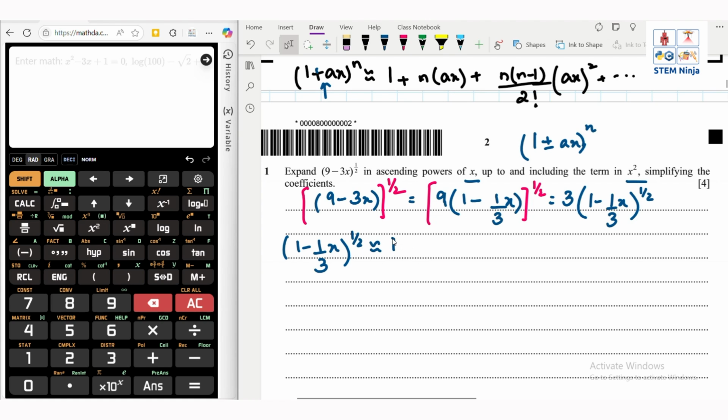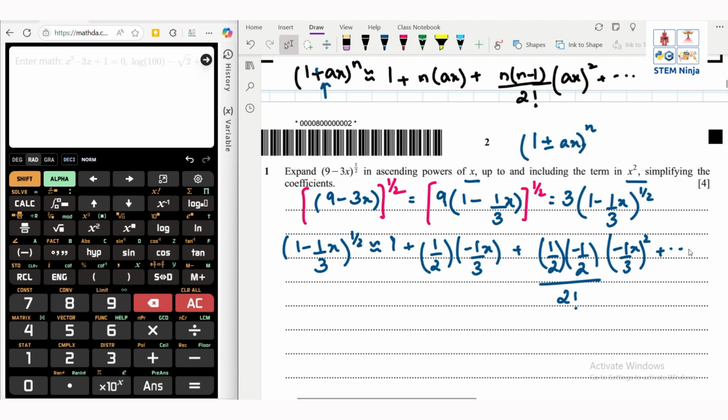So 1 plus 1 over 2, which is n, times ax, which is minus 1/3 of x, plus 1 over 2 times (1 over 2 minus 1), because n minus 1, divided by 2 factorial, and then minus 1 over 3x whole squared. We only need to go up till the x squared term.